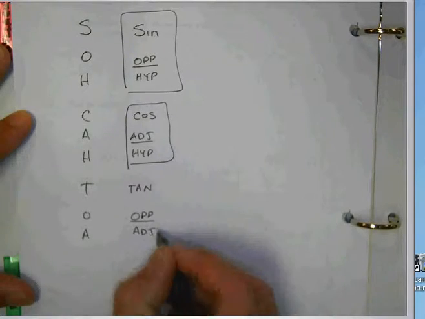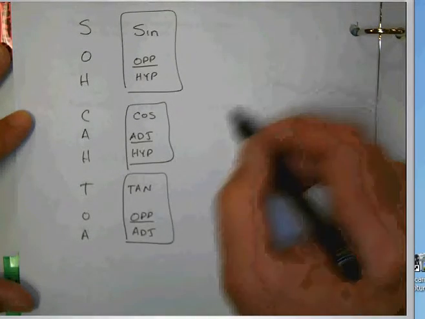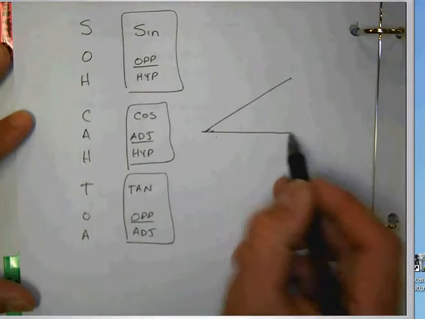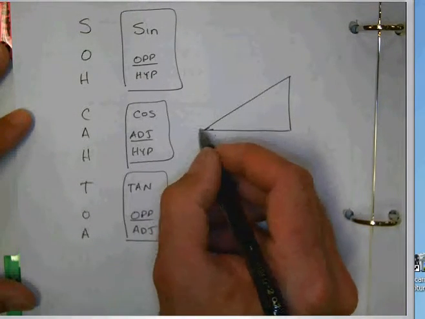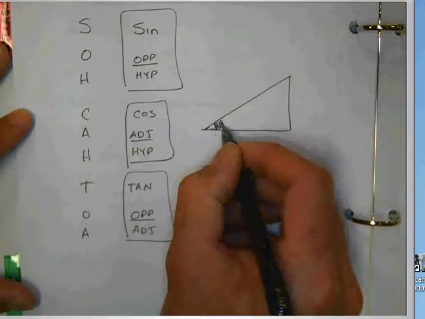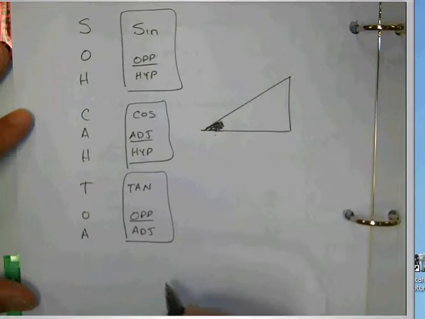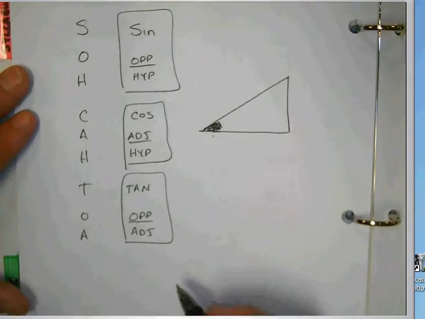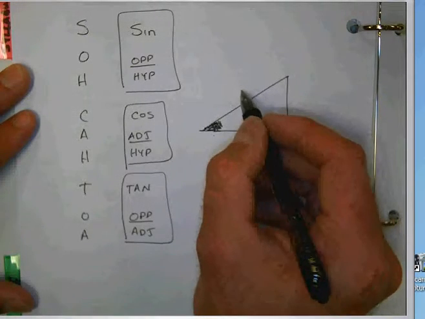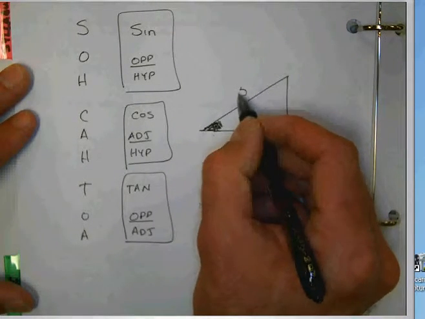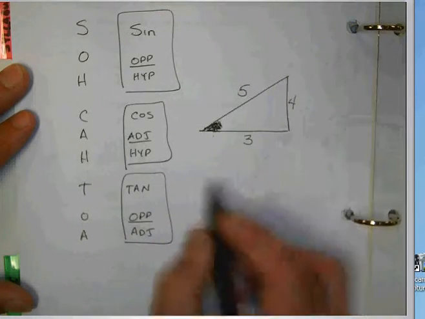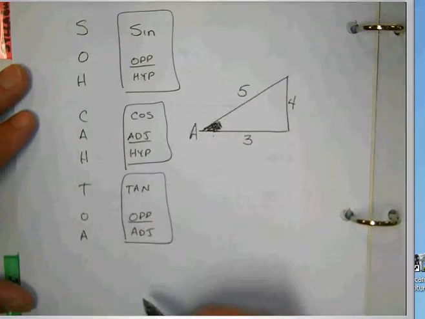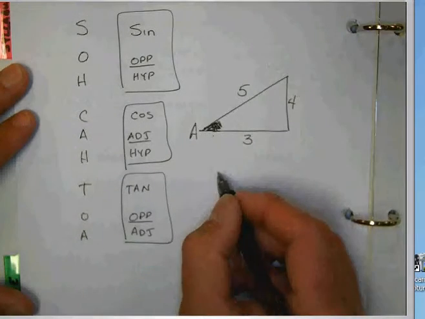Okay. So let's draw a basic triangle here. And let's just choose this as our angle. Just really quick, if we have this as, say, 5, that is 3, and that is 4, and this is angle A. Really quick, what is the cosine of angle A?